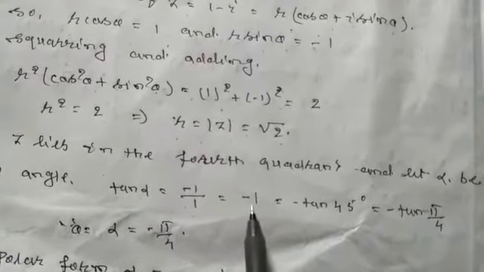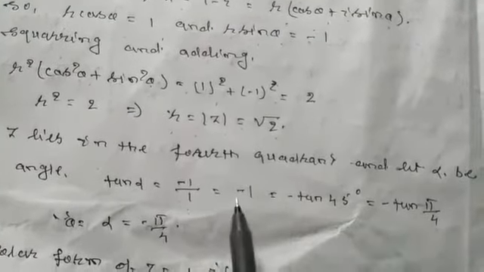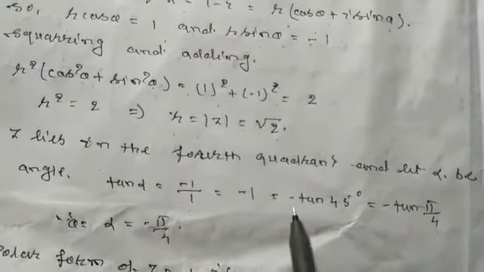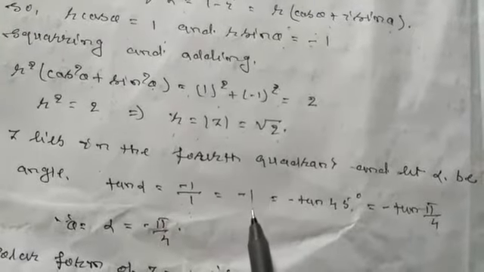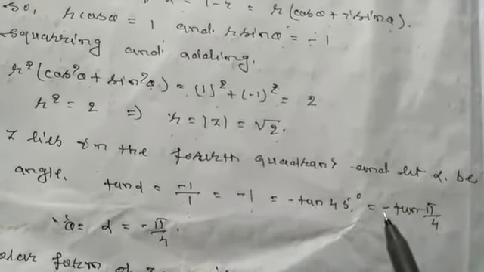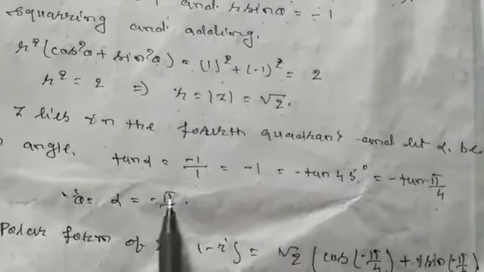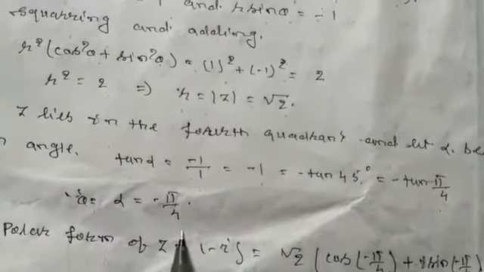So minus 1 by 1, that is minus 1, and minus 1 can be written as minus tan 45 degree, because the value of tan 45 degree is 1. So you can write it as minus tan pi by 4 in radian form. So now tan will get cancelled, and we have the value of alpha equals minus pi by 4.